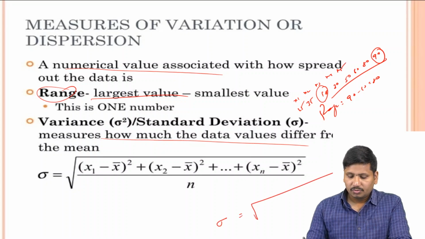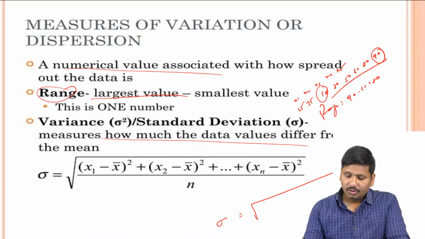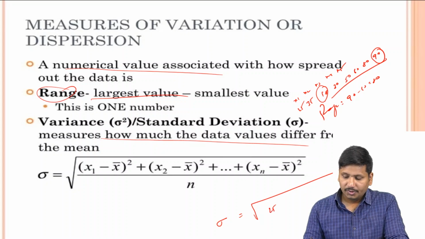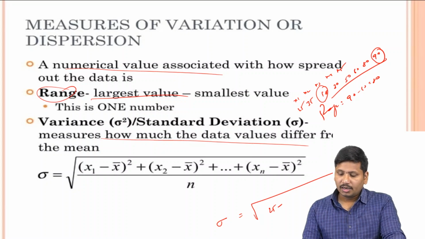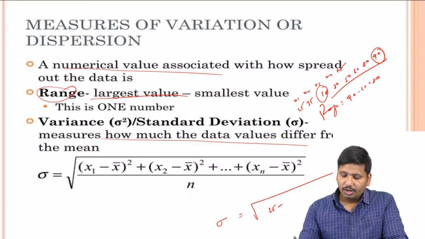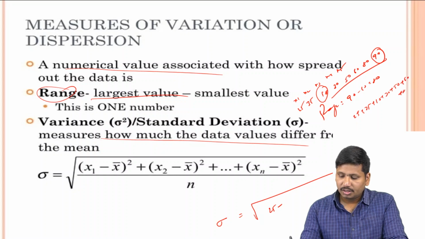It is the square root of, taking x1 here as 25, and the mean value we are going to calculate: 25 plus 35 plus 10 plus 30 plus 50 plus 60 plus 80 plus 90, divided by 8. Suppose the total is 480, then 80 is the mean.